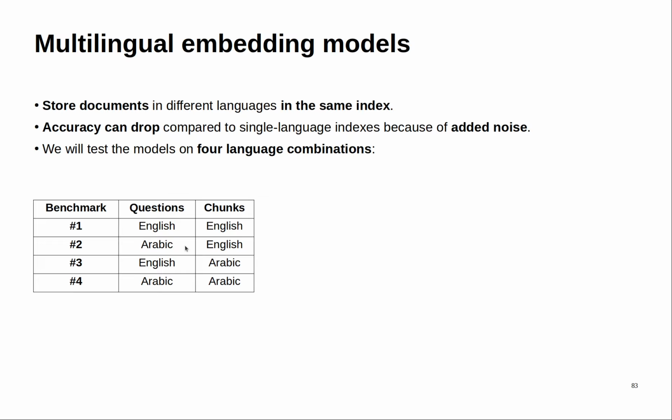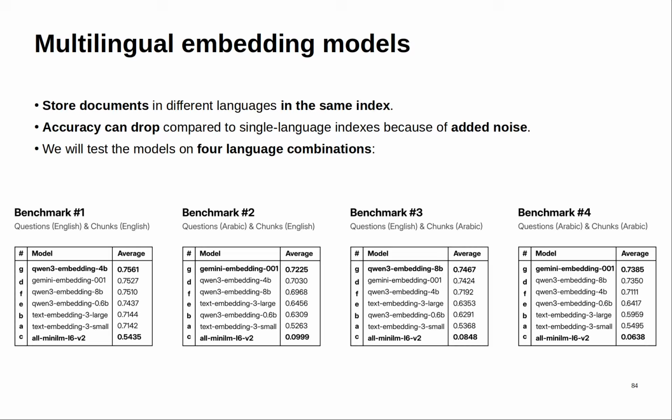In the second one, we will keep the text chunks in English, but we will ask the questions in Arabic. The third test is similar to the second one, but the questions are going to be in English and the text chunks are in Arabic. Finally, both the questions and text chunks are going to be in Arabic. Here are the results of those 4 tests. The results are really cool.